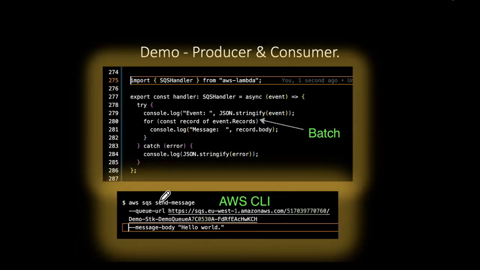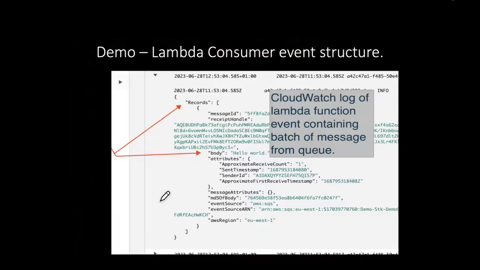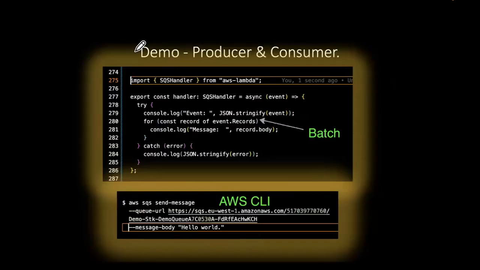Now I've already deployed. Will I look at the code? No, I won't yet. What I'm showing you here is a screenshot. See here where I've got a console log at the beginning of my Lambda. We always do this because, certainly as learners anyway, we're interested in the structure of the event object. We did that when we were using API Gateway as the event source for our Lambda.